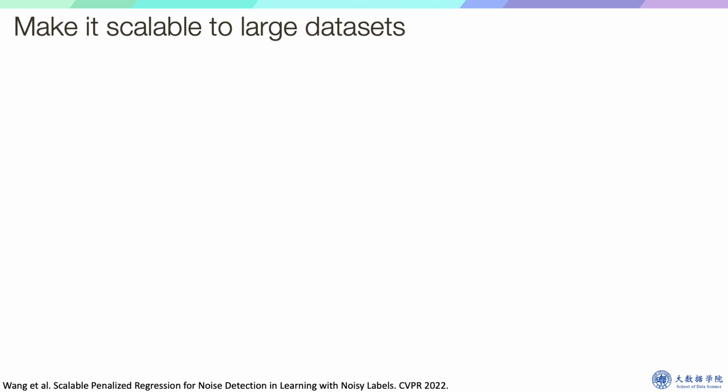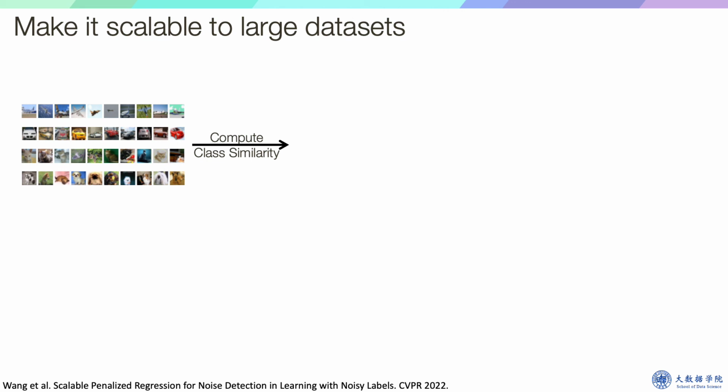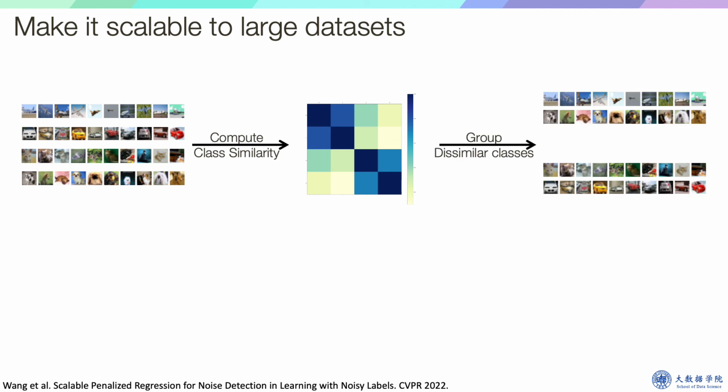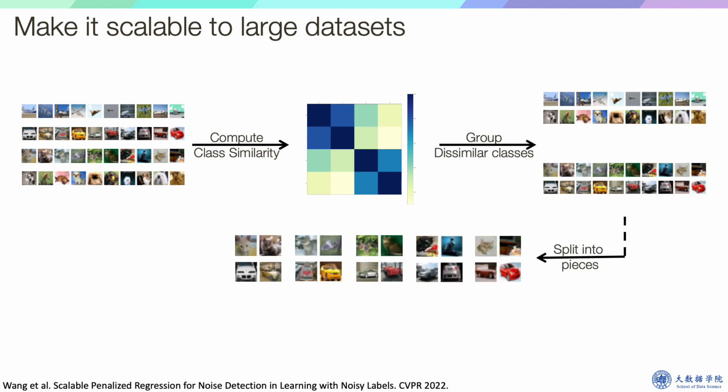To make the linear system scalable to large datasets, we first compute the class similarity matrix and divide the most dissimilar classes into groups. For each group, we select a small number of training data to construct small pieces of data. Then our model is run on each piece in parallel.